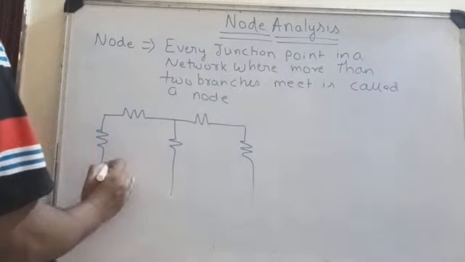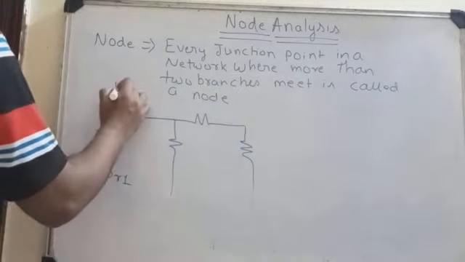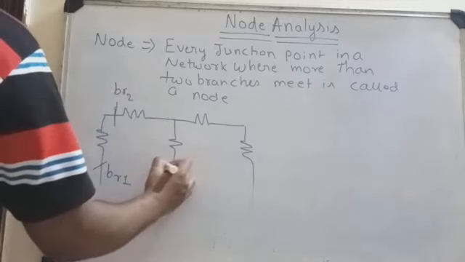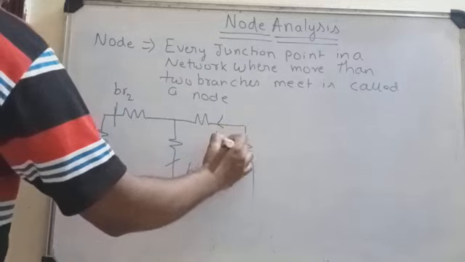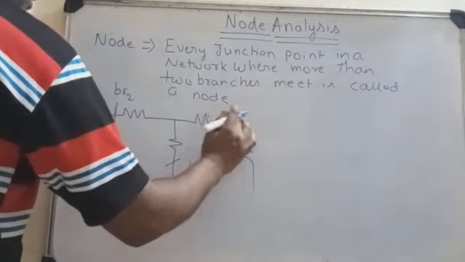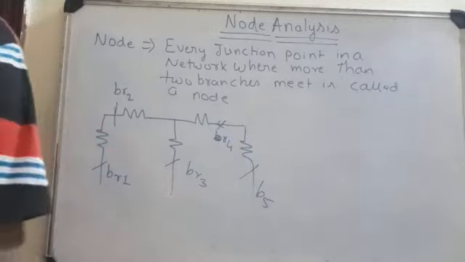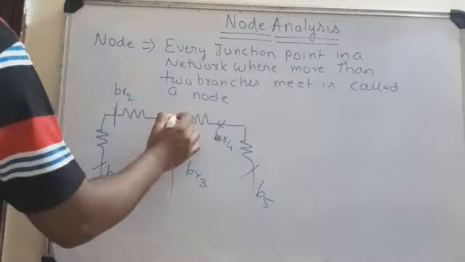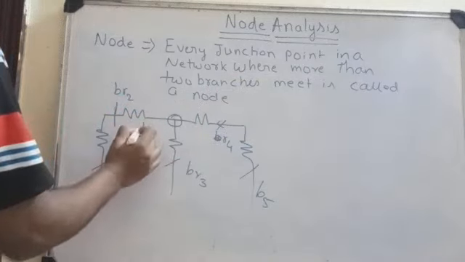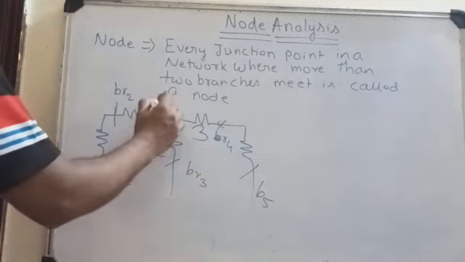So this is branch 1, this is branch 2, this is branch 3, branch 4, and this is branch 5. Now, junction point in a network where more than two branches meet. So at this point branches 1, 2 and 3 meet. So this is a node.